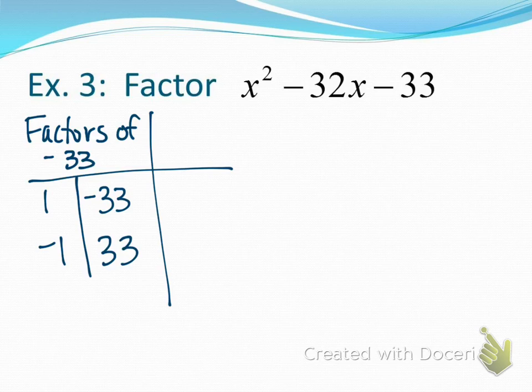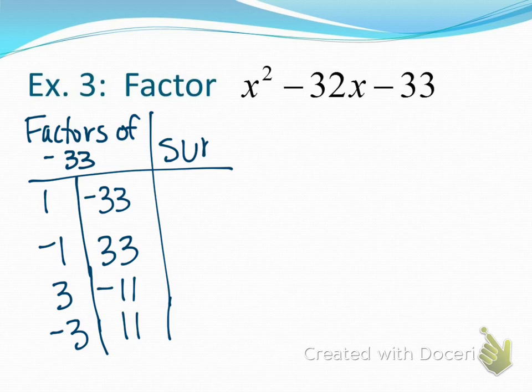Negative 1 and positive 33. May, what else can go on this list? 3 and negative 11. One more pair. Deja, what is it? Negative 3, positive 11.